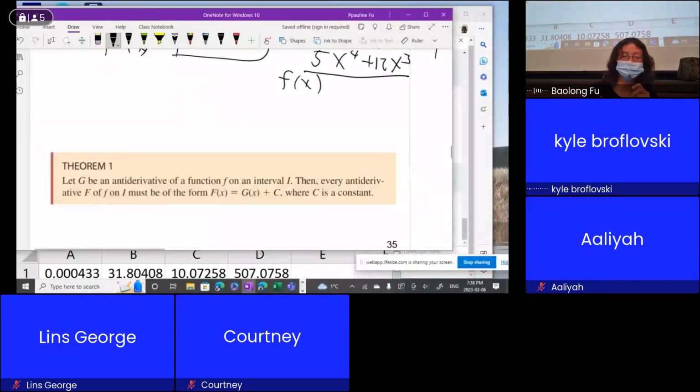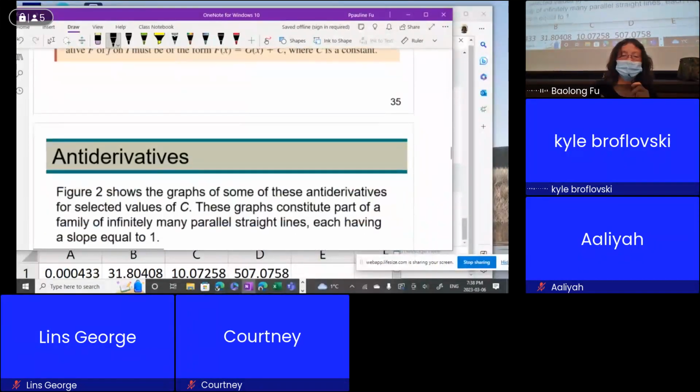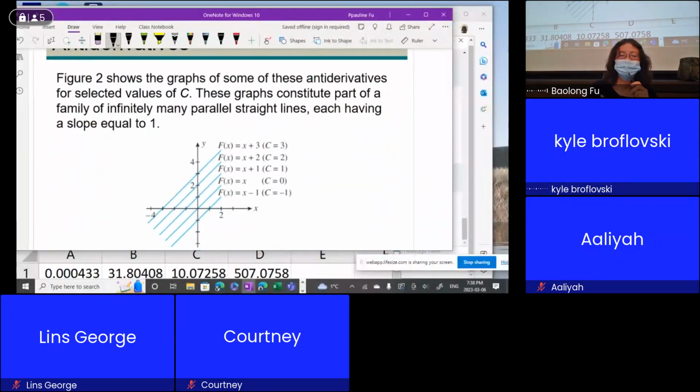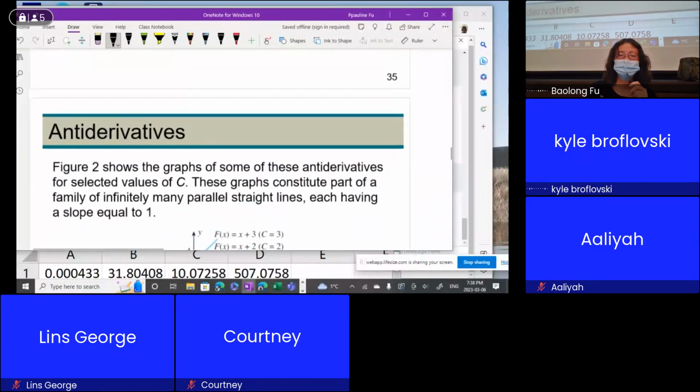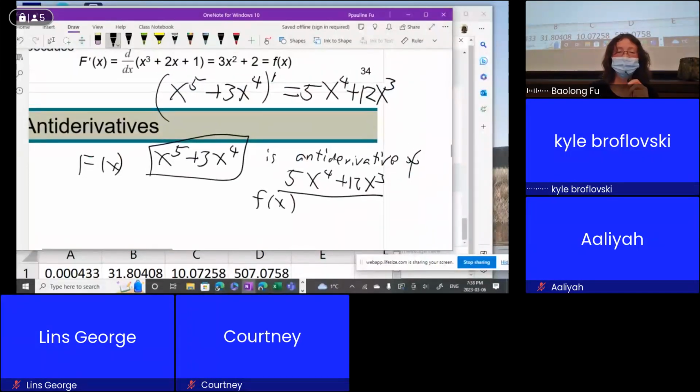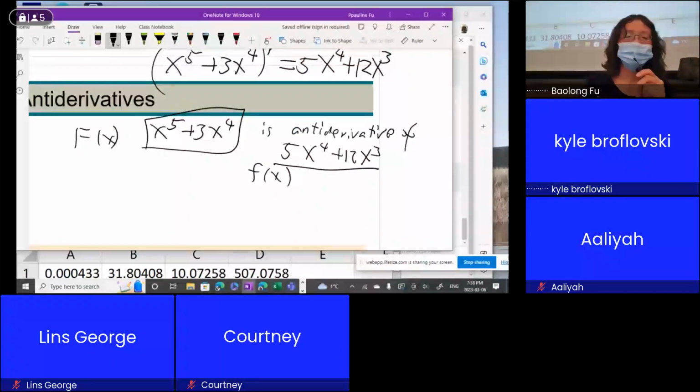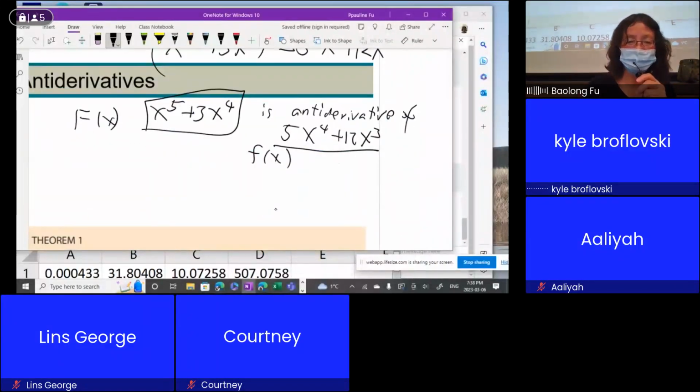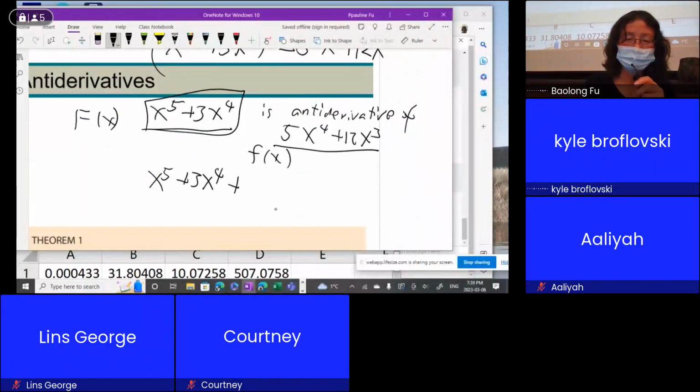Okay. But take an example of this one. If I take the derivative of this function, what is the derivative?